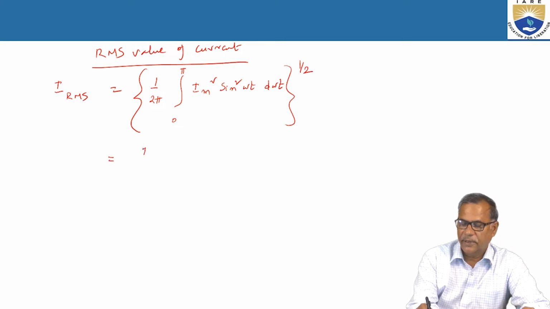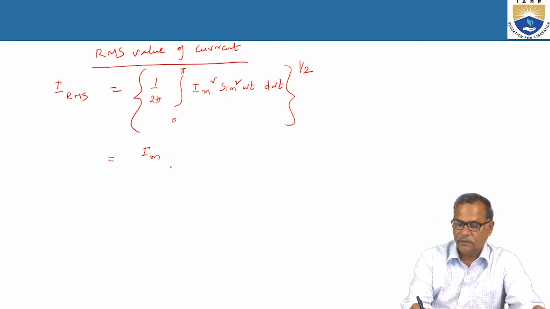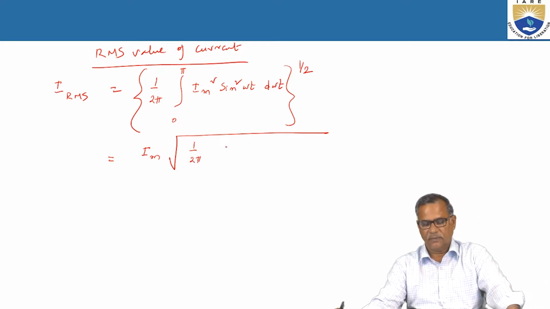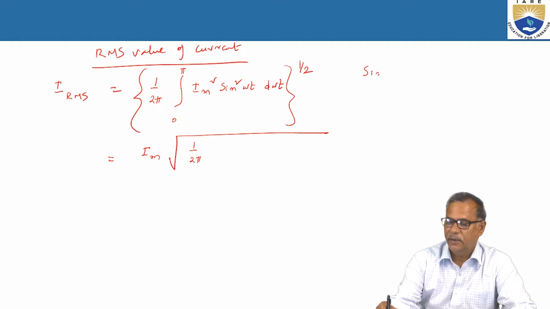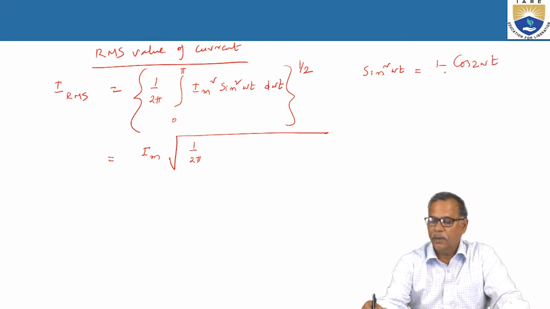So this is equal to Im, because we take the root of Im square. We get Im and square root of 1 by 2 pi. For sine square omega t, we replace it by 1 minus cos 2 omega t divided by 2.